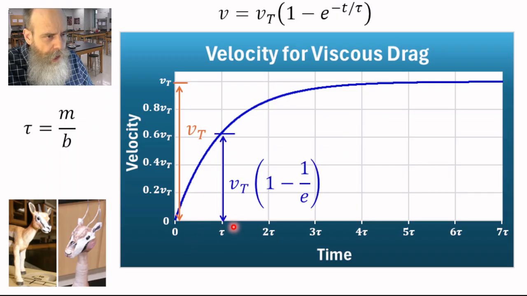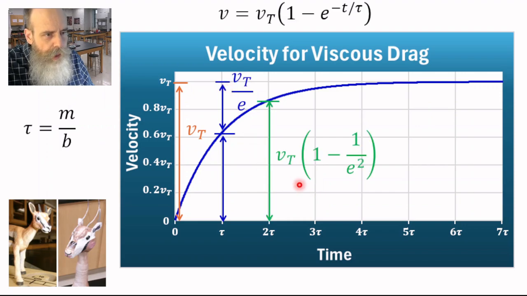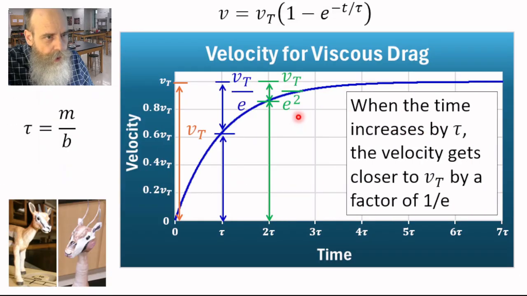When t equals tau, v is Vt times 1 minus 1 over e, so it is Vt over e away from the final value of Vt. When t equals 2 tau, v is Vt times 1 minus 1 over e squared. It is now Vt over e squared away from the final value of Vt. When the time increases by tau, the velocity gets closer to Vt by a factor of 1 over e.